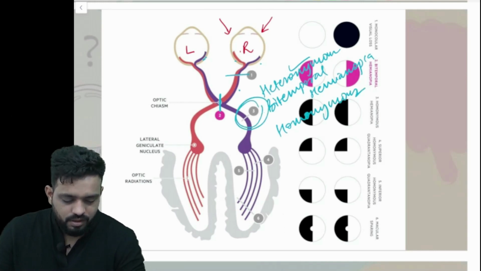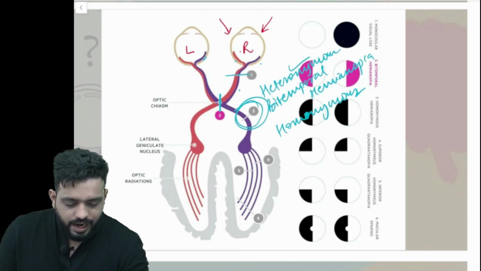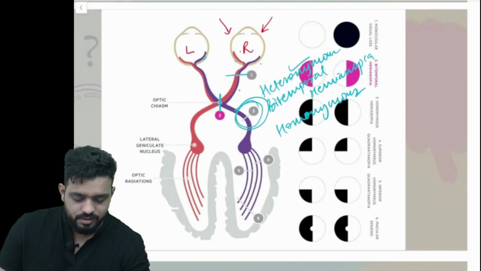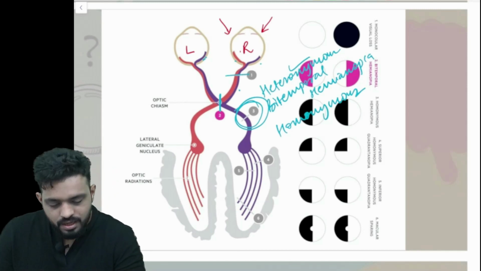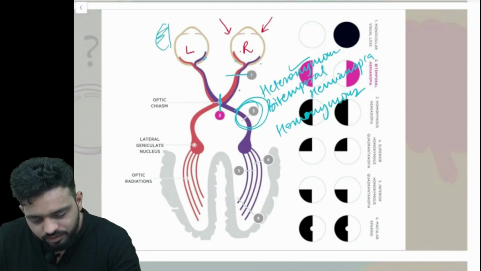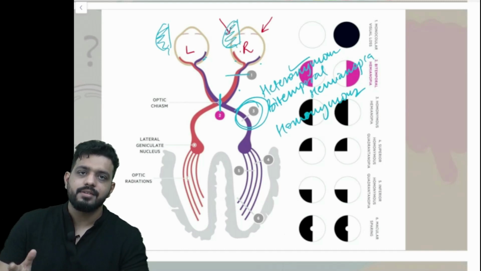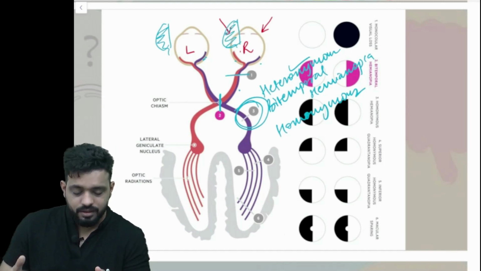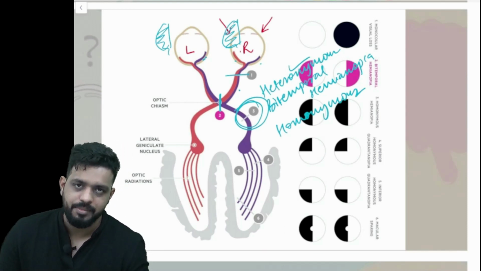Suppose the right side is affected. So what is happening over here is the right side temporal fibers and the left side nasal fibers are cut off. So the left side temporal field of view and the right side nasal field of view is gone. So this is again hemianopia, but this is on one side. So we call it homonymous hemianopia.